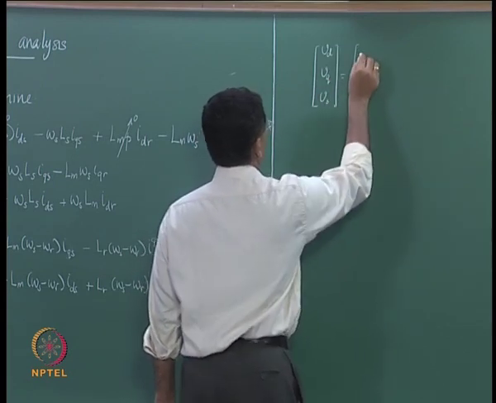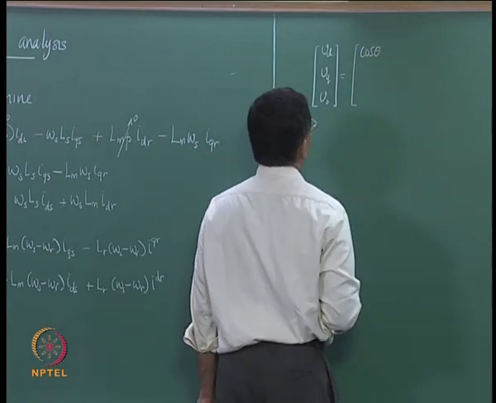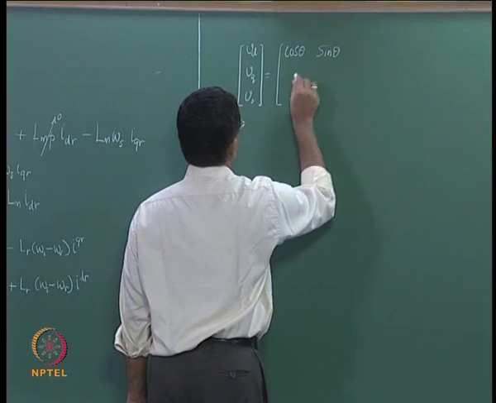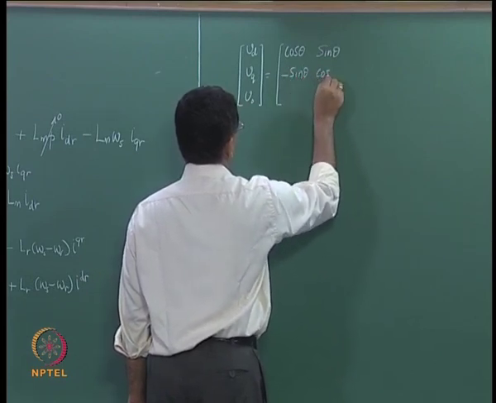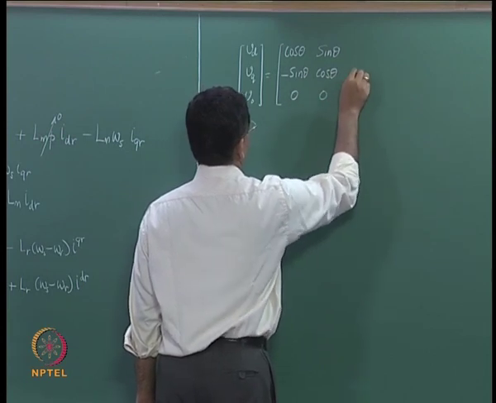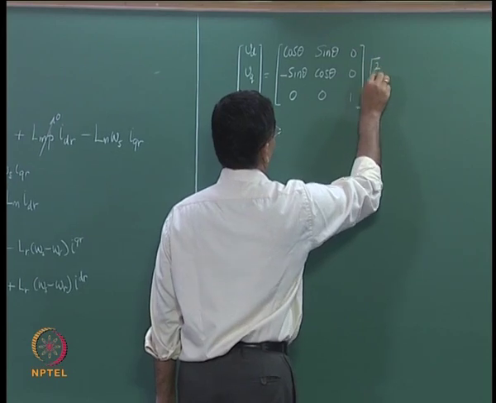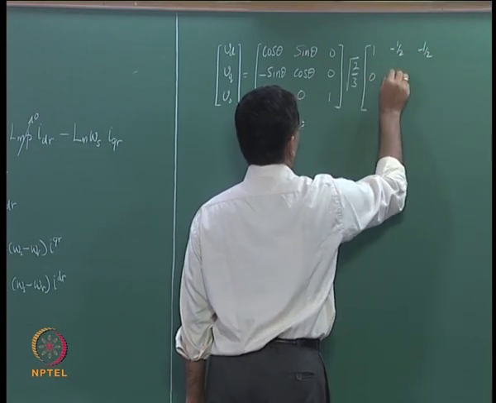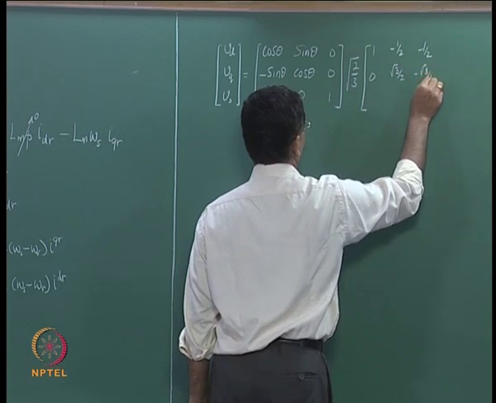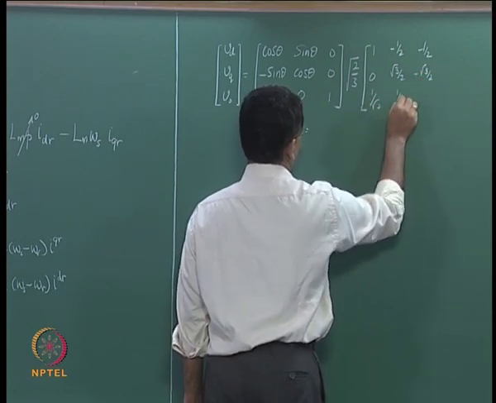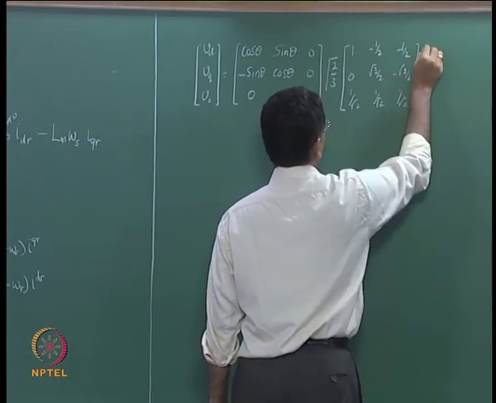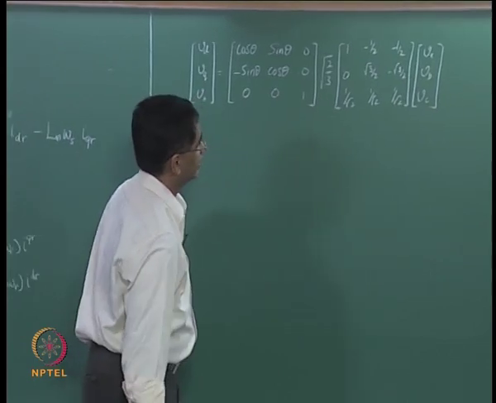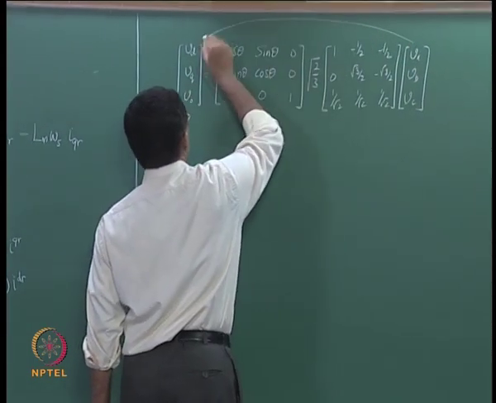This was obtained as cos theta, sin theta, minus sin theta, cos theta, and root 2 by 3 times [1, minus half, minus half; 0, root 3 by 2, minus root 3 by 2; 1 by root 2, 1 by root 2, 1 by root 2] times VA, VB and VC.